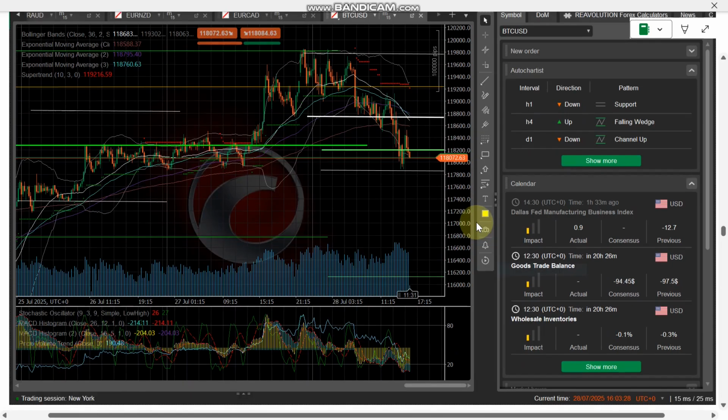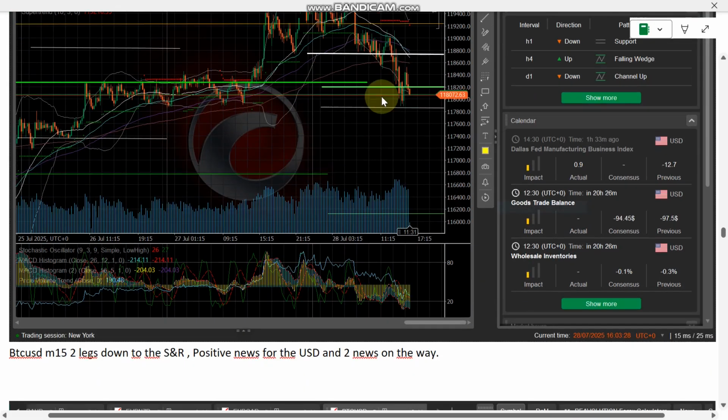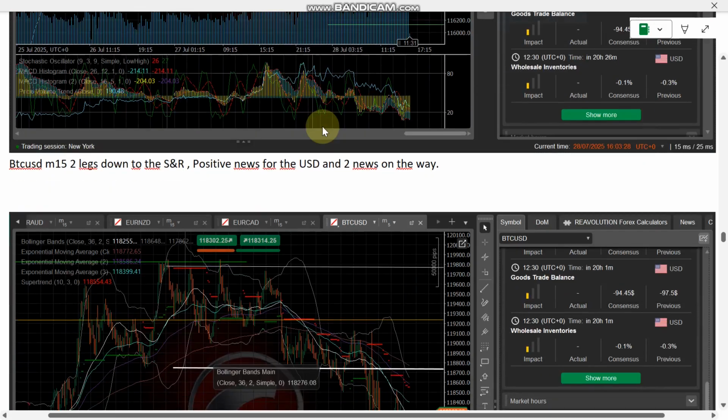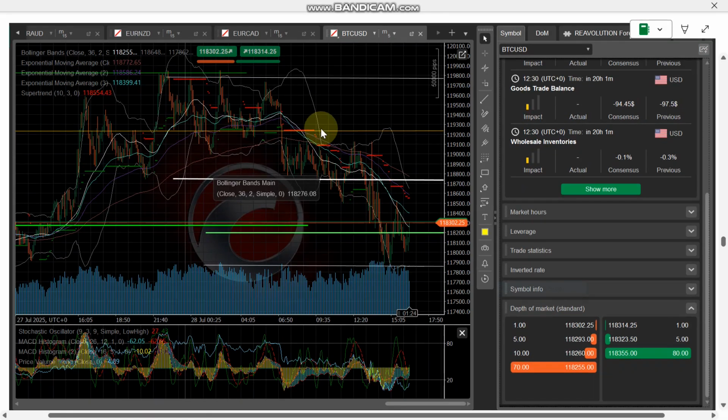And what's this? Bitcoin 15 minutes. Somewhere around here I get in, and then it takes down to the bottom of the 1 hour set. Bitcoin 5 minutes.